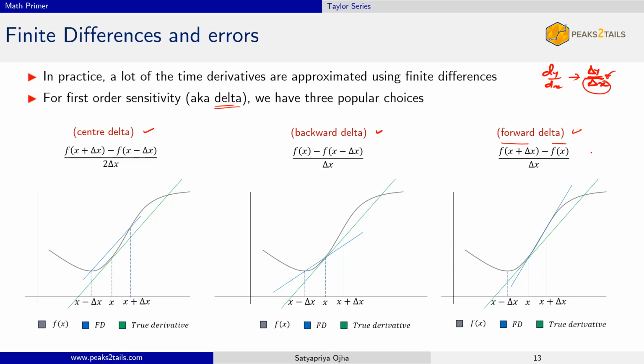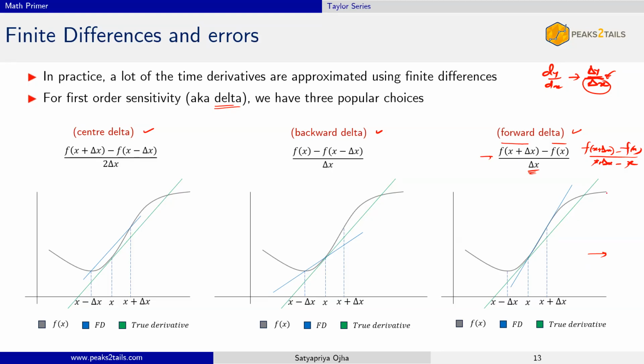So if I want to rewrite this, it will be f at the new value of x minus f at the old value of x, divided by the new value of x minus the old value of x. The change in x is delta x itself, right? If you write it in this fashion, it is called forward delta, because forward means you think of moving on the x-axis, from left to right. So moving forward in this direction, that is forward delta.